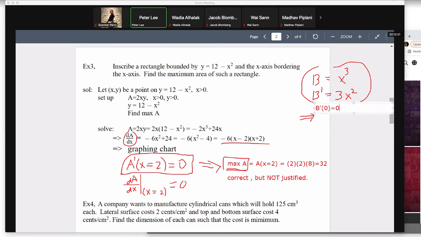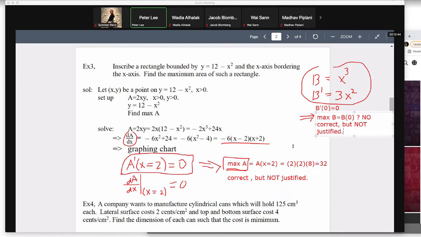The question is this: is max b equal to b at x equals 0? Yes or no? And the answer is no. What I mean is this: correct, but not justified.